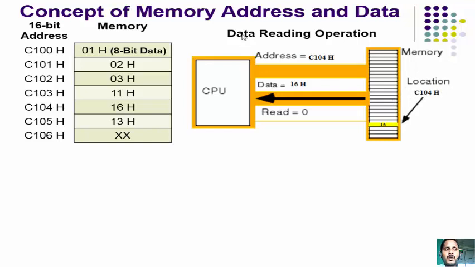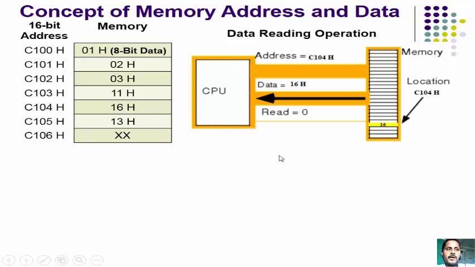So this is nothing but the data reading operation, that is taking the data from the memory with the specific address. In this case, at location C104, 16 is available, so the CPU will read the data 16 from the memory. So this is about the data reading operation.